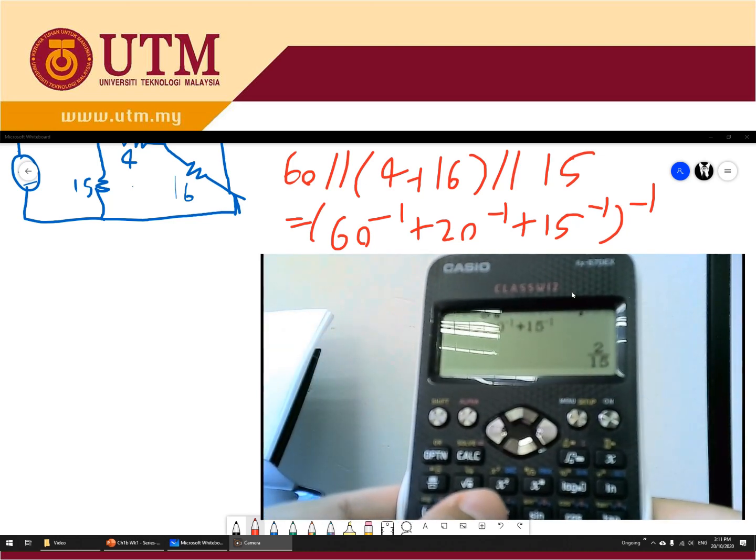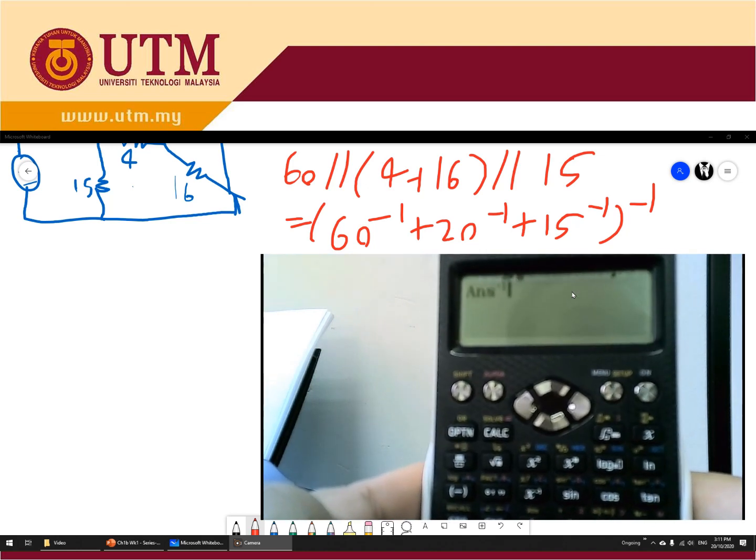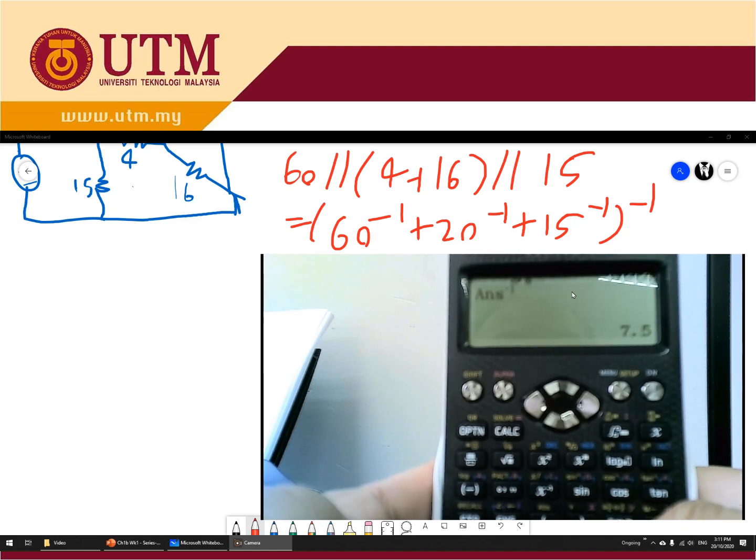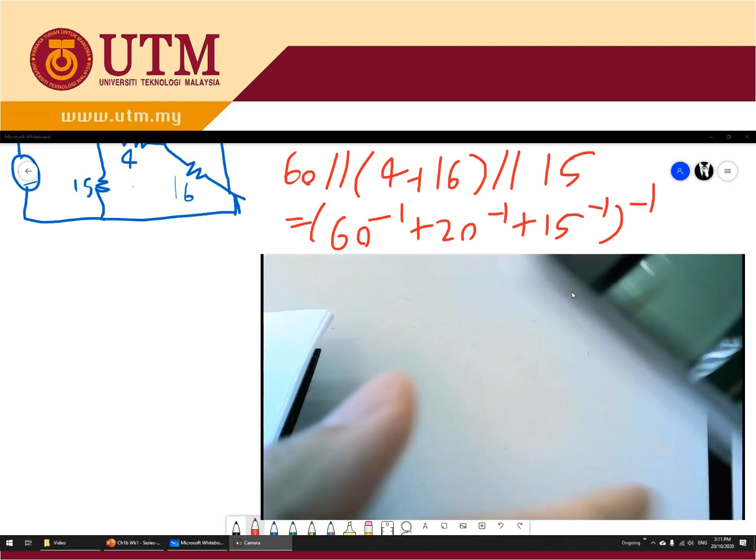Don't forget to reciprocal the answer. Don't forget to change to decimal, 7.5.